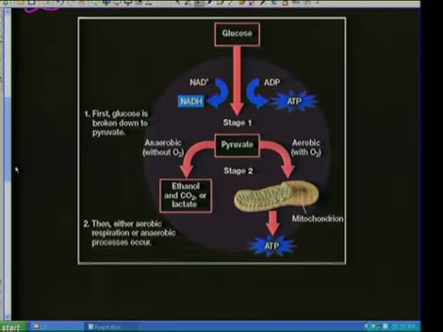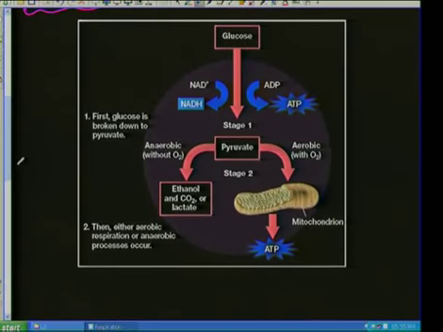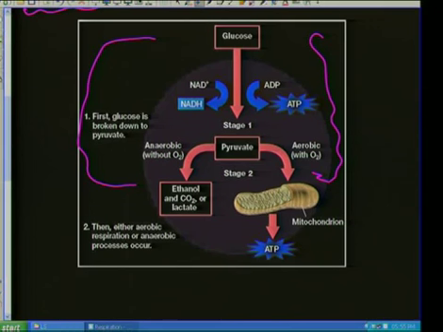Let's go further. By the way, diagrammatically, this is what's happening. In the cytoplasm, this is all happening in the cytoplasm here. What has happened? The glucose is broken down to pyruvic acid. There's the glucose. It is broken to pyruvic acid.